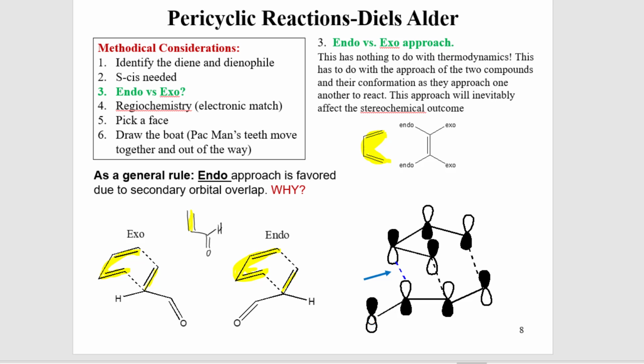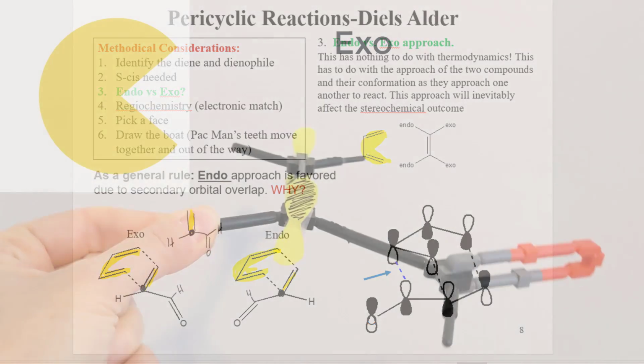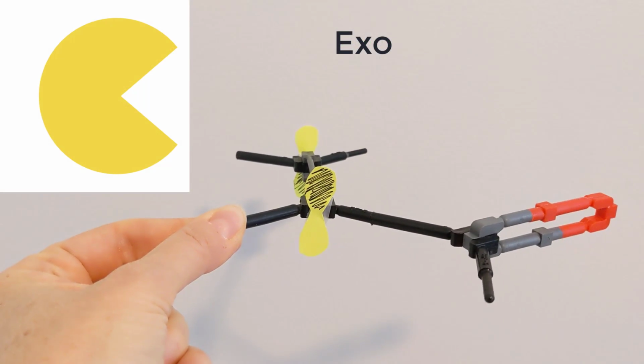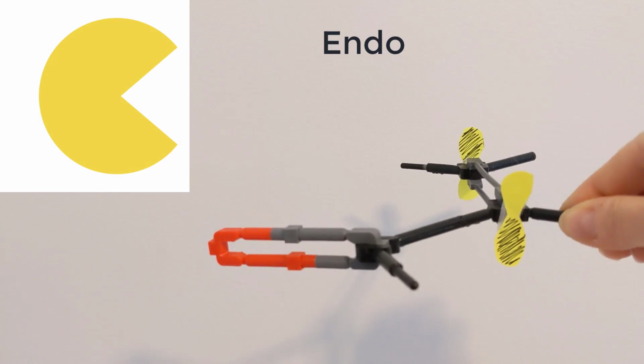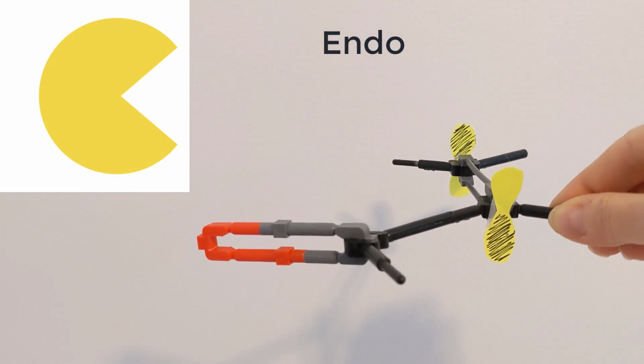So there's that aldehyde. And what it's showing you is that this carbon right here has a hydrogen and an aldehyde off of it. There are 2 orientations. I could have the aldehyde on the outside, away from the mouth of the Pac-Man. That's called exo, outside. Or I could have the aldehyde endo.